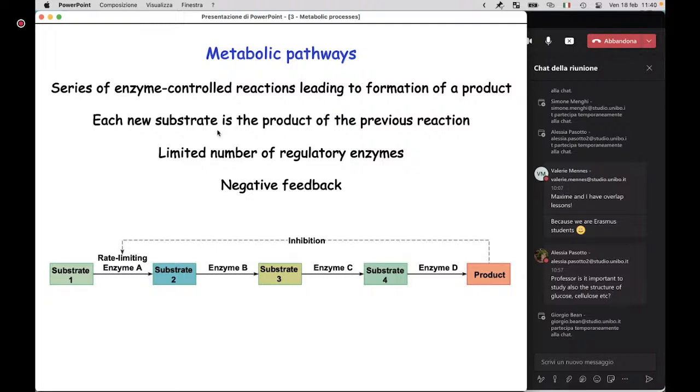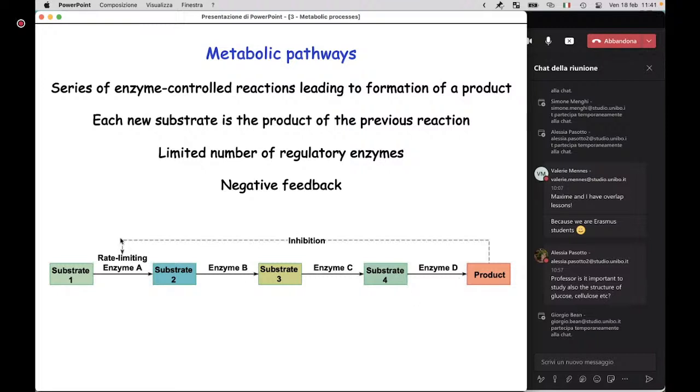This works for almost all compounds, all substances in our cells. We almost always have this negative feedback control over the production of substances in the cell. And you can see that the pathway can be quite complicated.